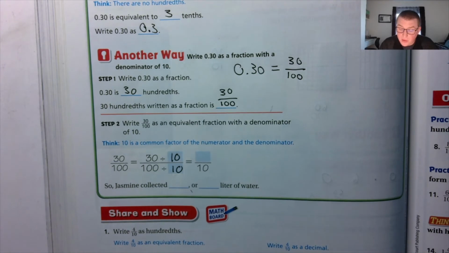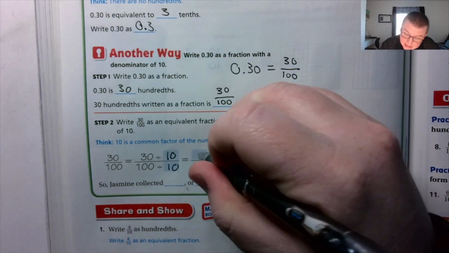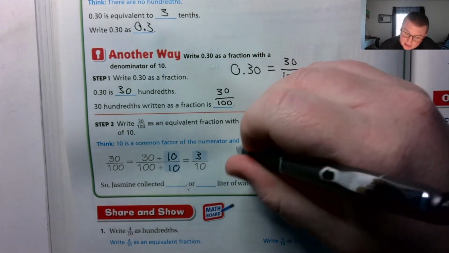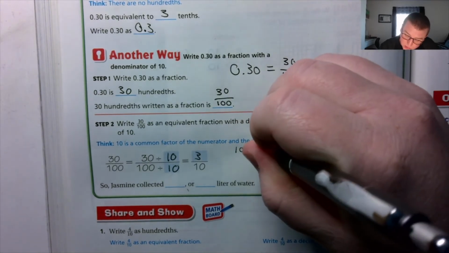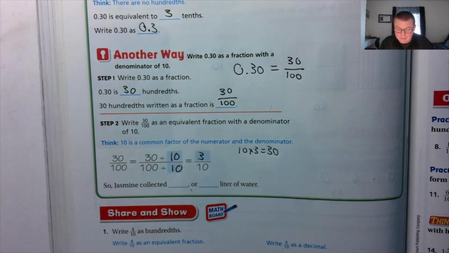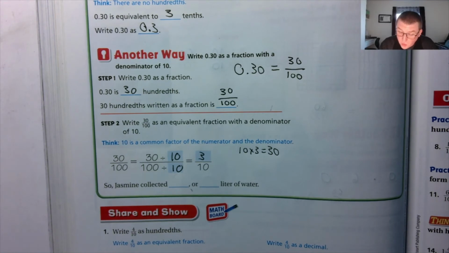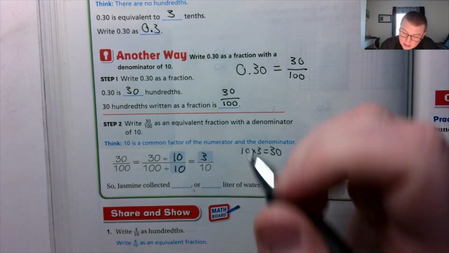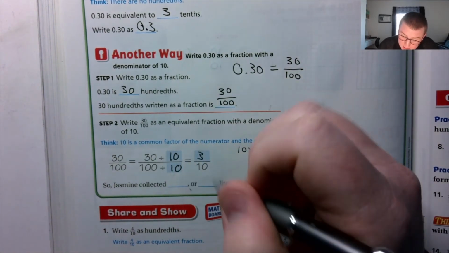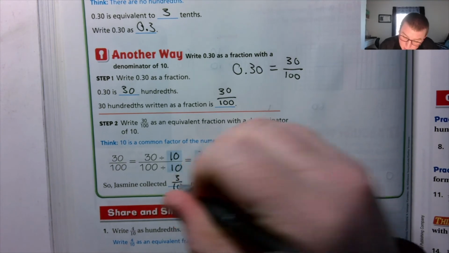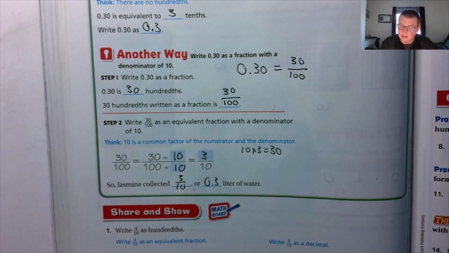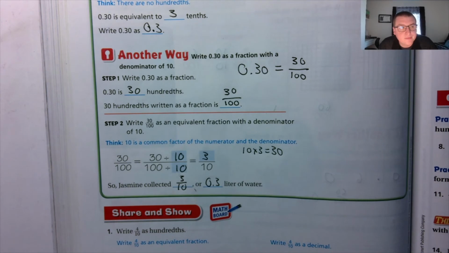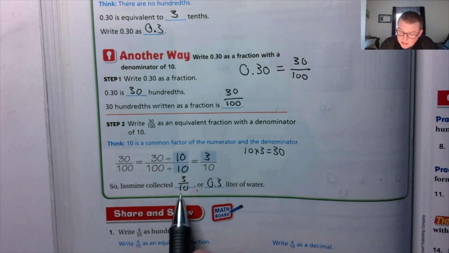When we do that, 30 divided by 10 is 3, because 10 times 3 is equal to 30. Okay? So, because we figured that out, we have 3/10ths. So Jasmine collected either 0.3 or 3/10ths liter of water. However you wish to write it, fraction, decimal, both are correct, but there's 3/10ths liters of water.